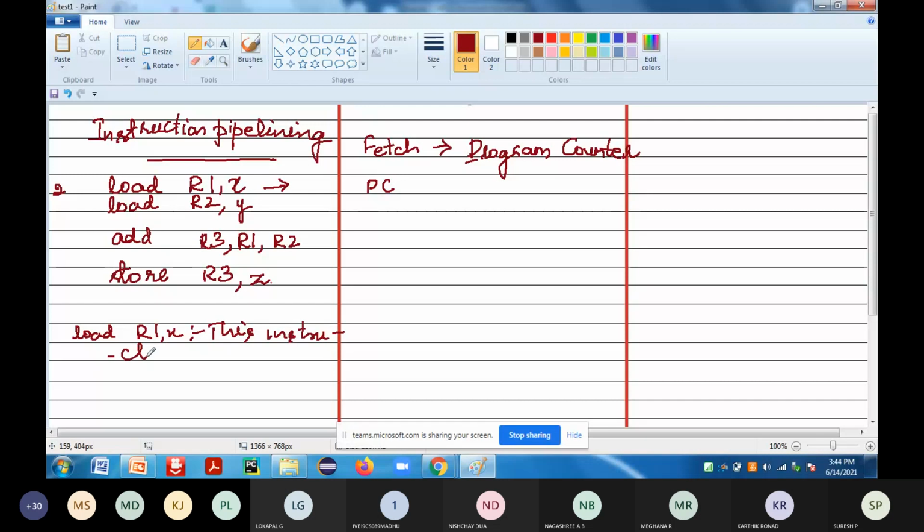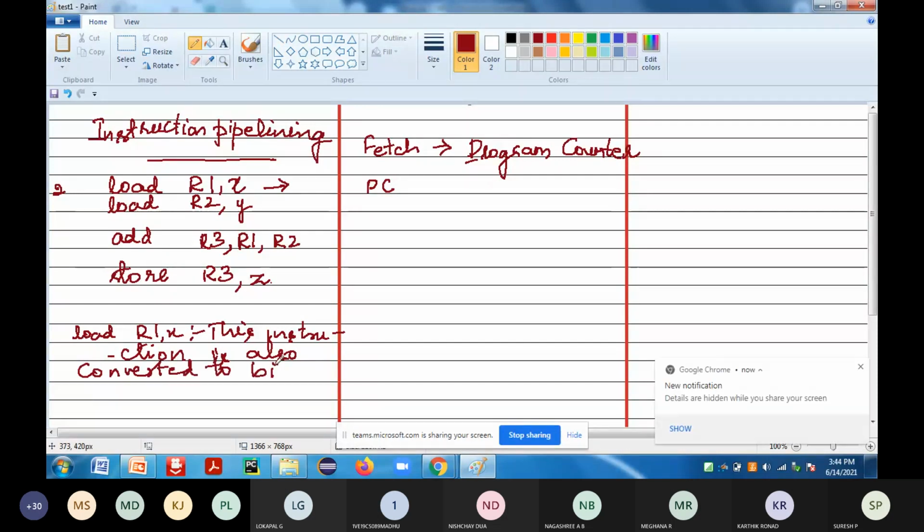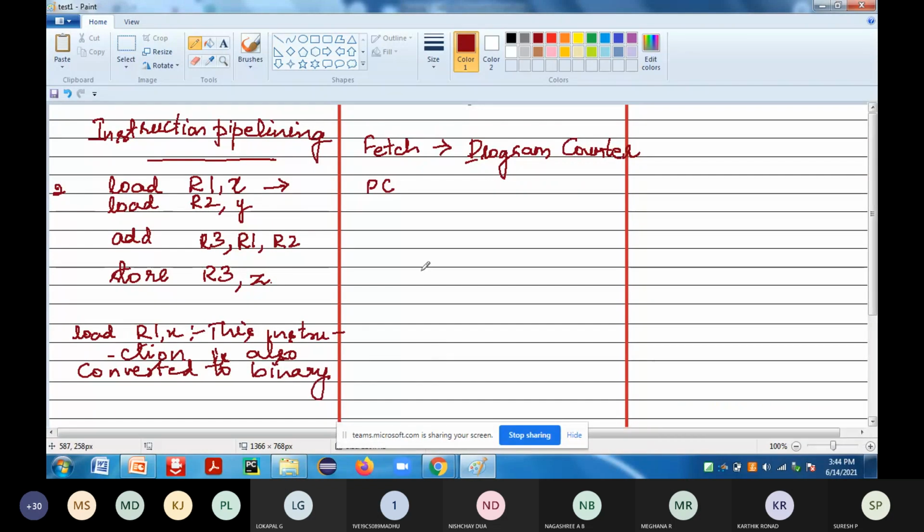It is also converted to binary language before executing. Assume that it is a 1 byte or 2 byte instruction. If it is a 2 byte instruction, what is the size of the instruction? It will be 2 byte.